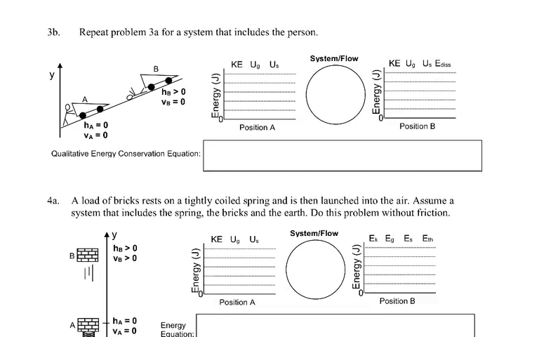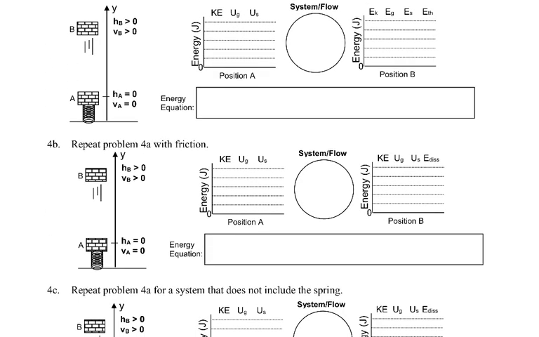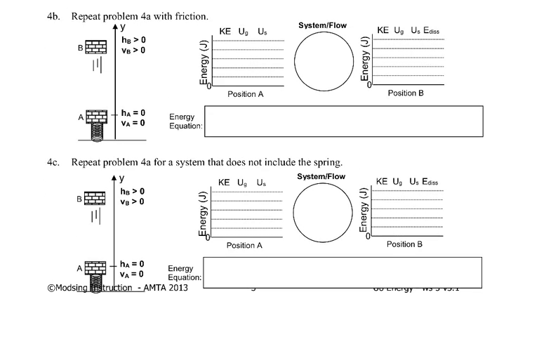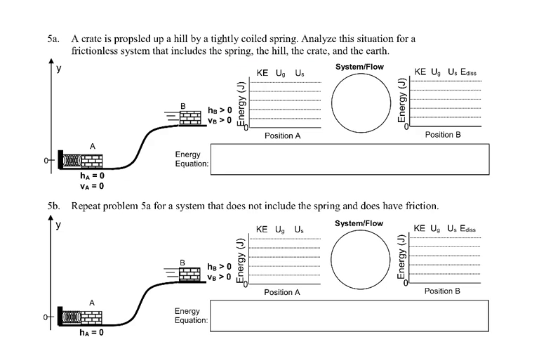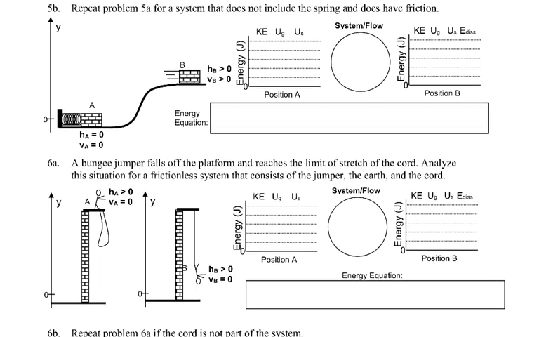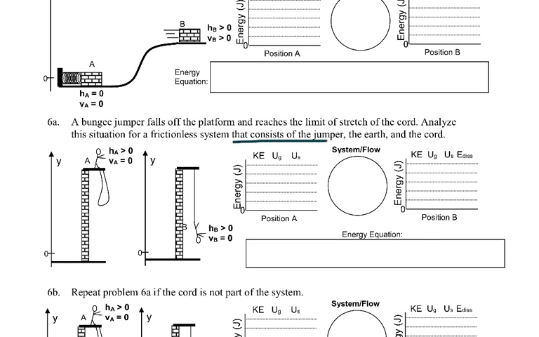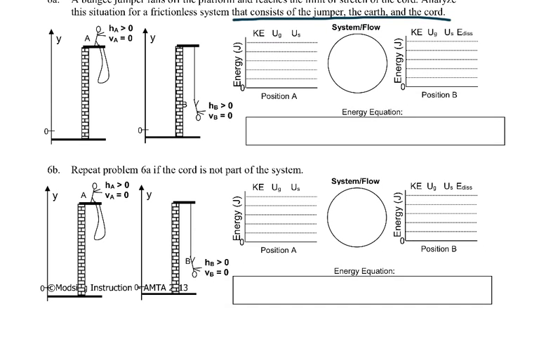That's fine. Okay. Let's see. We have heights there. We got the bungee cord. Make sure you're reading what they're telling you to put in the system. Okay. They're telling you what to put in the system. Be careful over here. Same thing. Watch your systems.